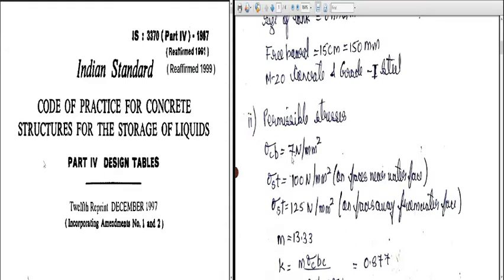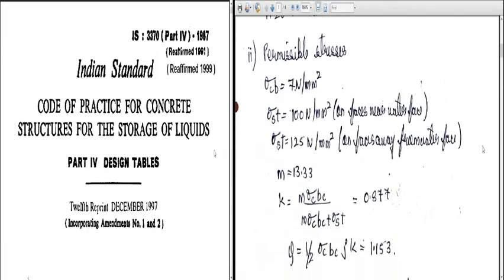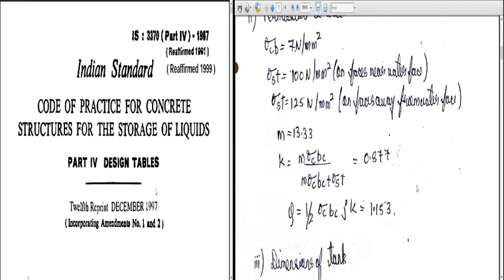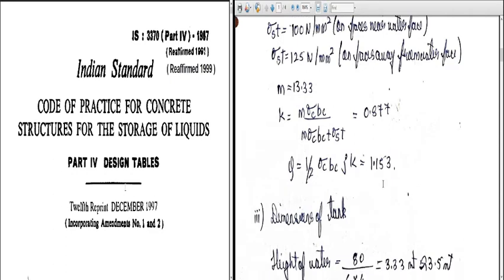This is for concrete, and for steel 100 Newton per mm square on the faces near to the water surfaces, and 125 Newton per mm square for the faces away from the water surfaces. So modular ratio m is equal to 13.33. K is equal to m sigma CBC upon m sigma CBC plus sigma ST, which worked out to be 0.877. Q is equal to half sigma CBC JK, which is 1.153.